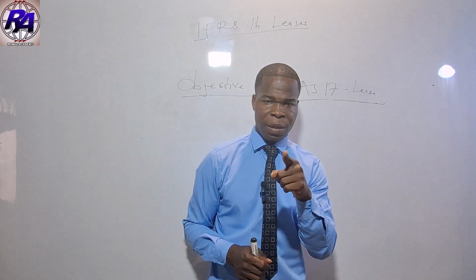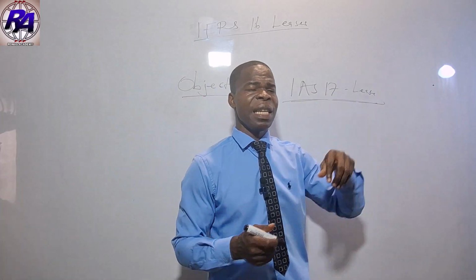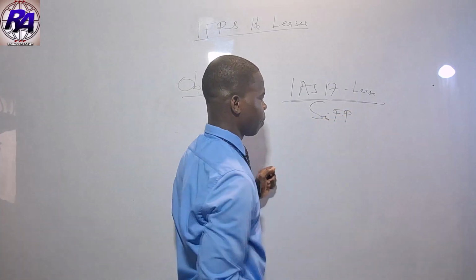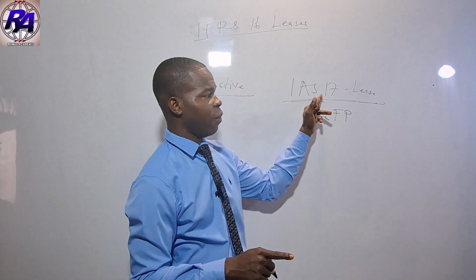Now, the treatment is this. Anytime it is an operating lease, that lease will not be accounted for in the statement of financial position. It doesn't go to the balance sheet if it is an operating lease, under the previous standard.